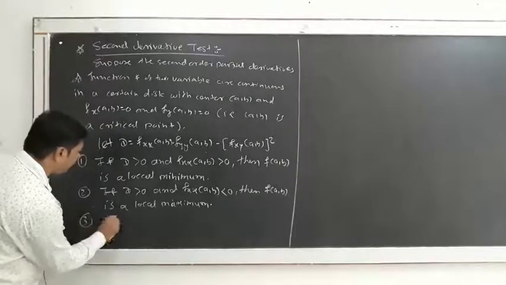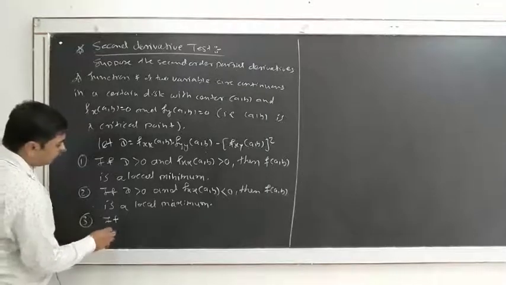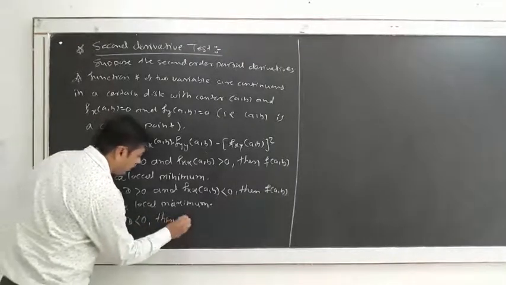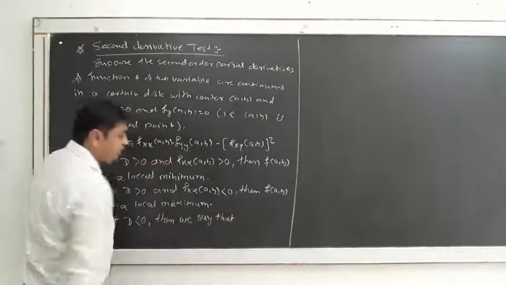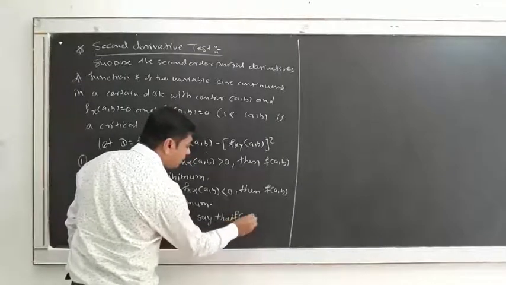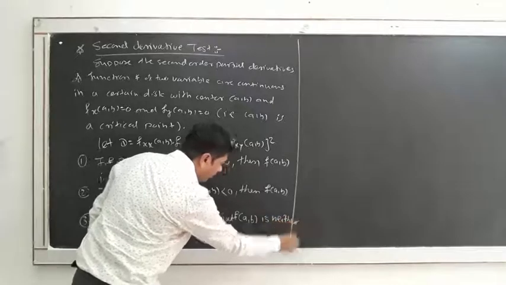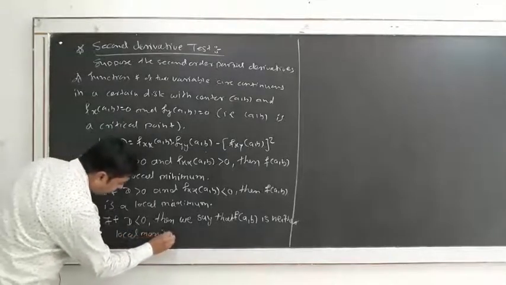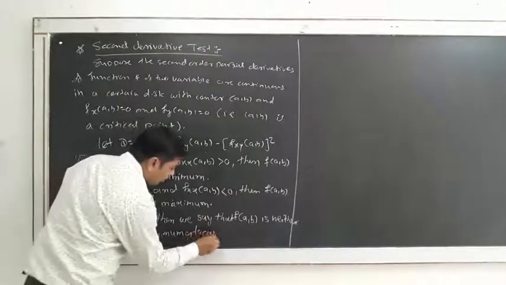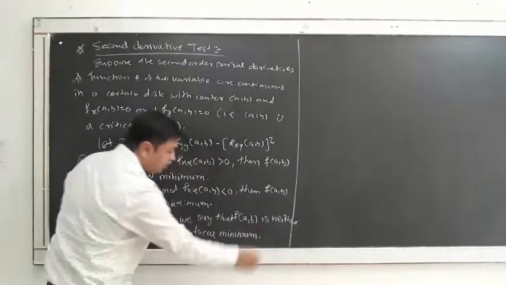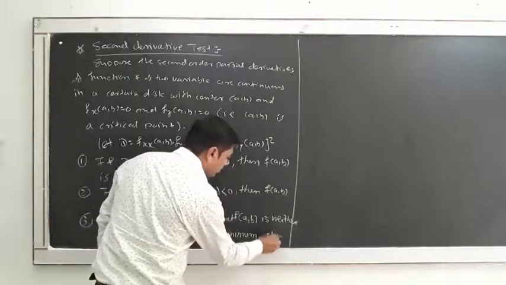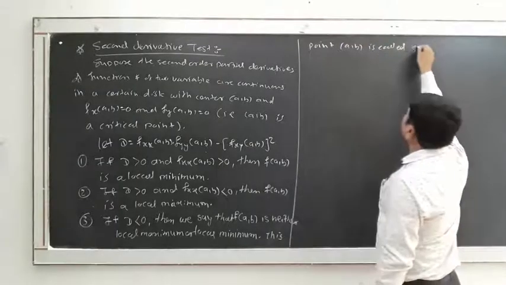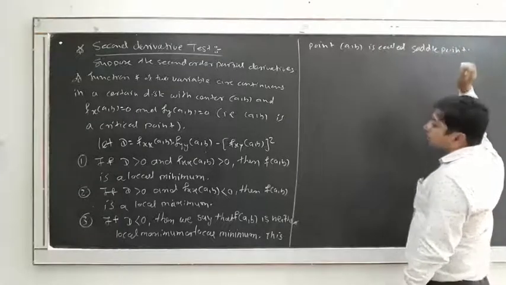Third case, if D is less than 0, then f(a, b) is neither a local maximum nor a local minimum, and this point (a, b) is called a saddle point.